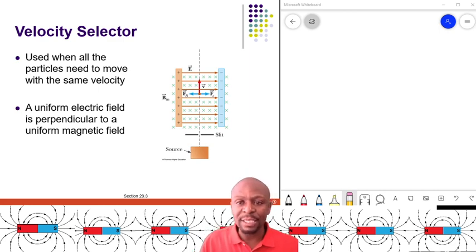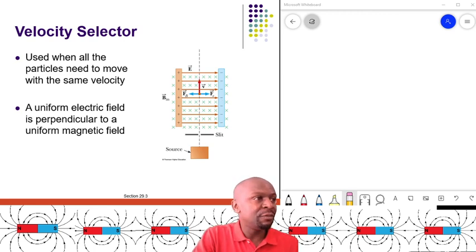But what I can say is that if the magnetic force is exactly equal to the electric force, that charged particle will just move through without being diverted to the left or to the right. But if the magnetic force is greater than the electric force, the particle will be diverted to the left. But if the electric force is greater than the magnetic force, the particle will be deflected to the right.